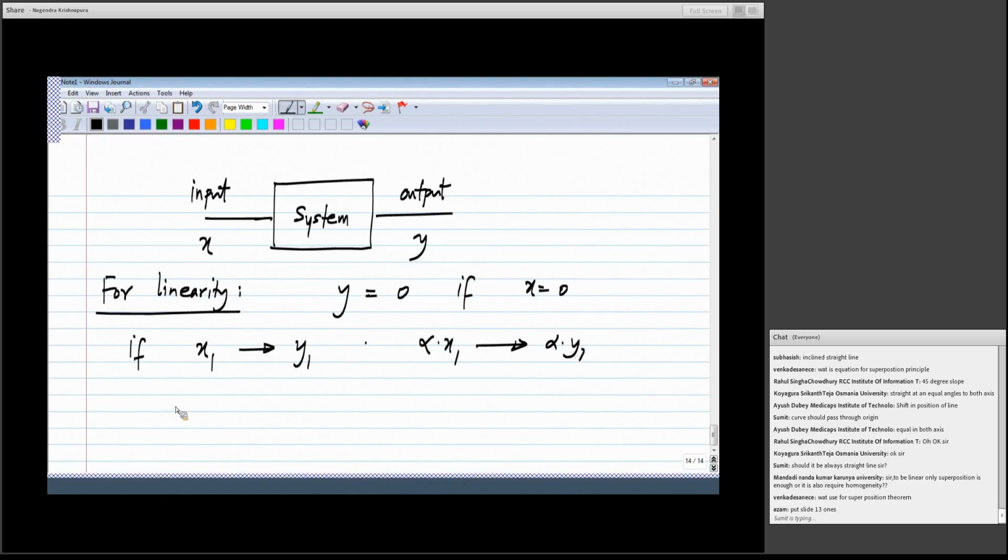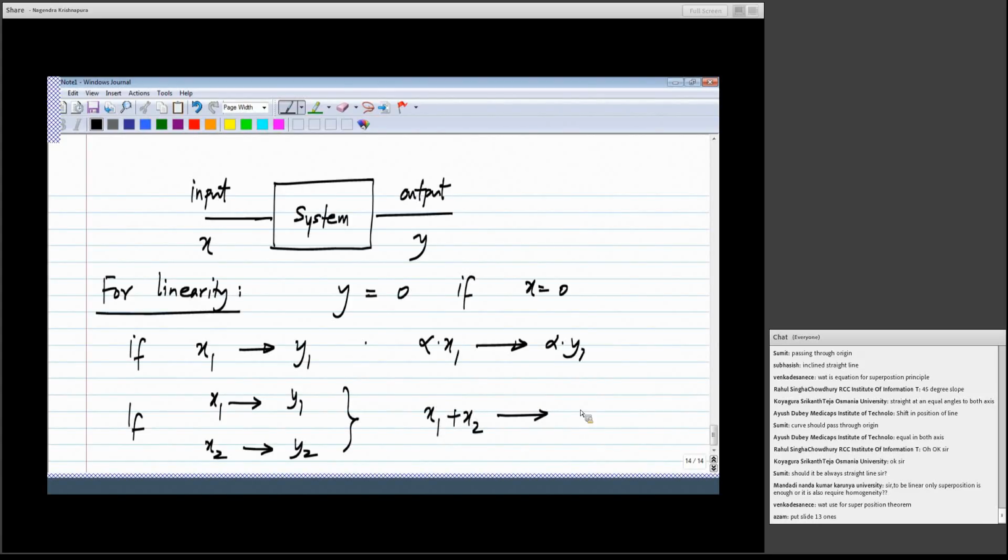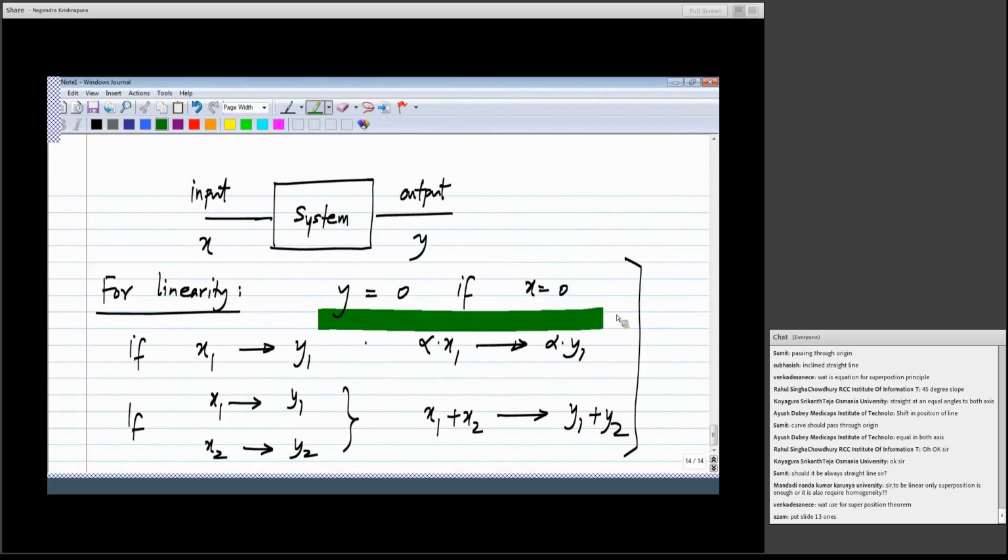And similarly, if x1 results in y1 and an input x2 results in an output y2, an input of x1 plus x2 will result in an output of y1 plus y2. Now these are not independent statements that I am making, some of them imply the other. So these are all necessary conditions. Now this says that if you have the IV characteristic, it has to be passing through the origin.